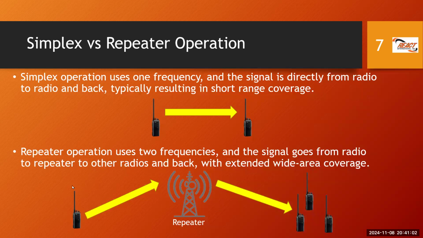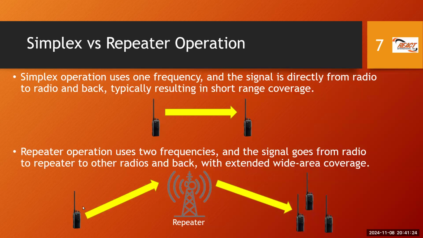Your radio is also operating on two separate frequencies: one when you transmit, and when you release, you're listening to another. Again, same channel. In simplex mode, if you're on channel 2, for example, it's one frequency that you're transmitting on, and it's the same frequency that you're listening on.